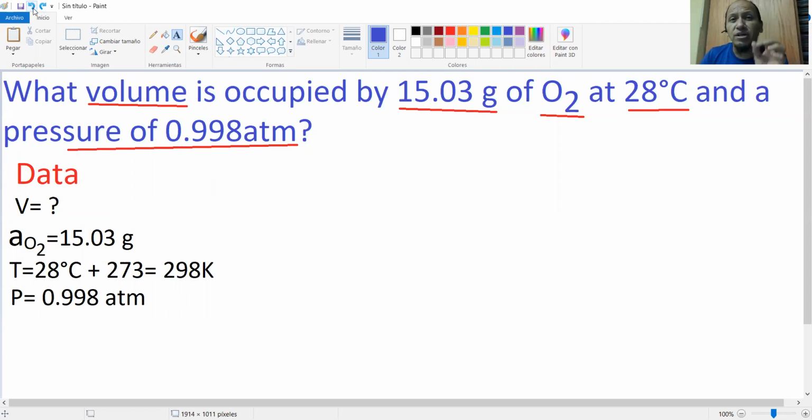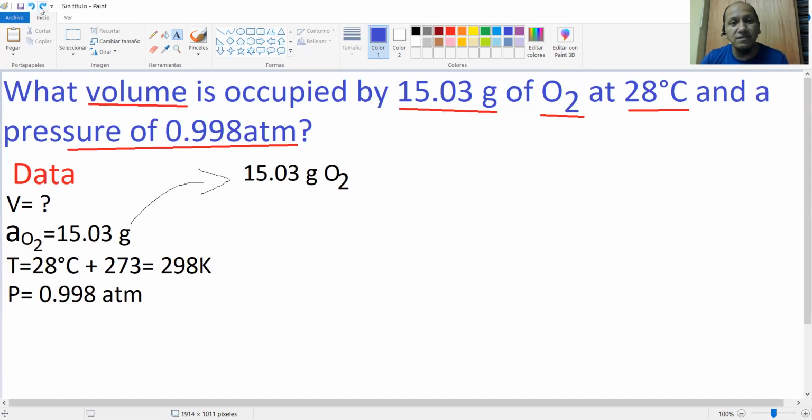Whenever you're reading about gases, if they're giving you the mass of a gas, then you might be talking about the general formula for gases, the one that uses number of moles. So if you have the mass, you're probably already thinking about passing the grams of oxygen to moles. That's going to be really wise, and that's exactly what I'm going to do in this moment.